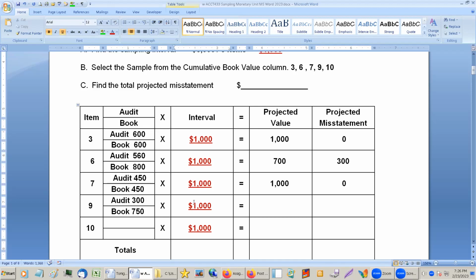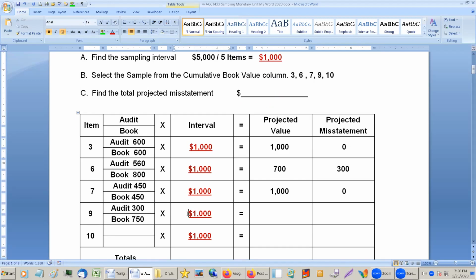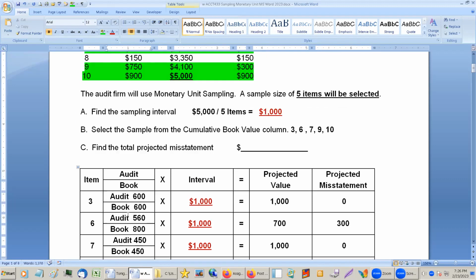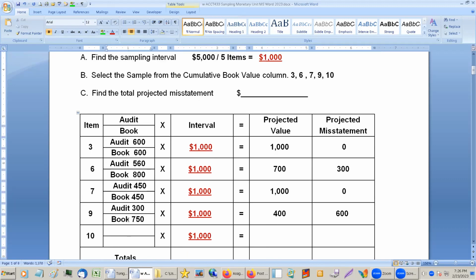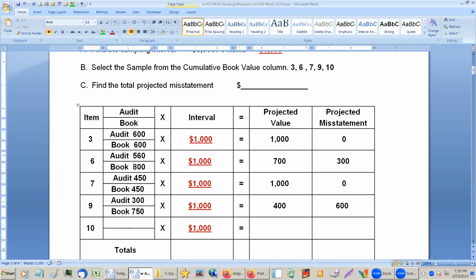But instead of multiplying it by the 5,000, we're just doing it for the 1,000, the interval. $400. Yes. The misstatement is 600. Last one is 900 and 900, so that one's okay.